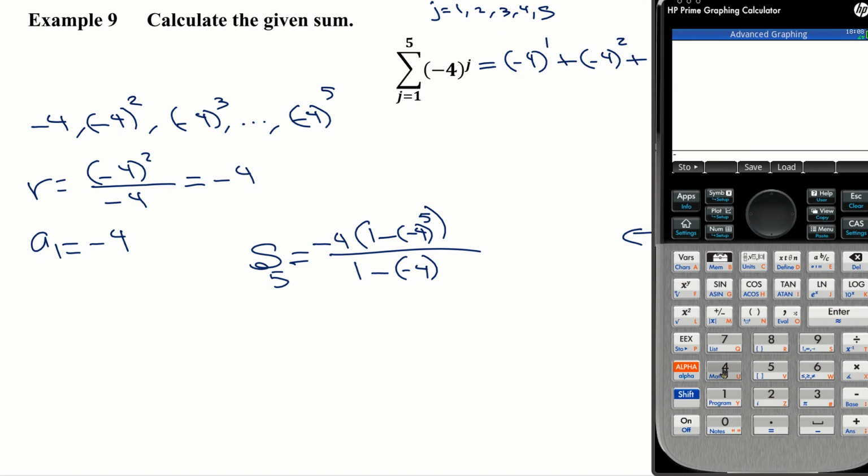Okay, so we have negative 4 times quantity 1 minus quantity negative 4, and then exit that first parenthesis, raise it to the power of 5, and then exit all parentheses, and then hit divided by, that just becomes 1 plus 4, right? So we get negative 820. All right, and that's all there is to that problem.